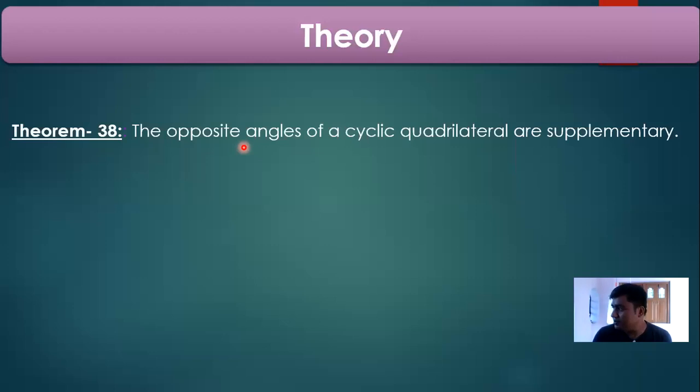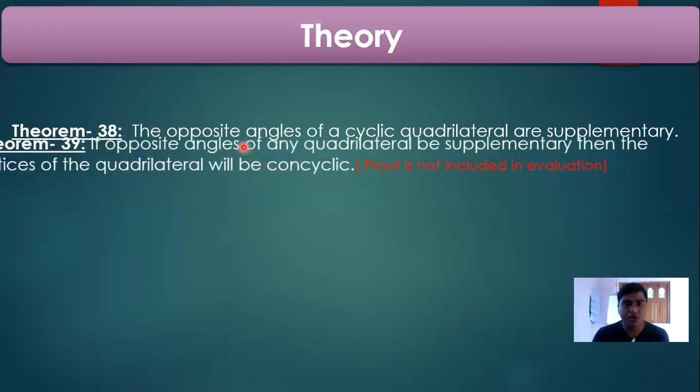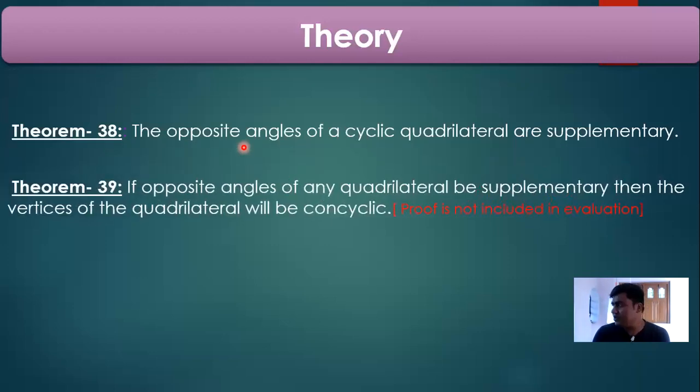And theorem 39 is the converse part of theorem 38. The statement of theorem 39 is: if opposite angles of any quadrilateral are supplementary, then the vertices of the quadrilateral will be concyclic.